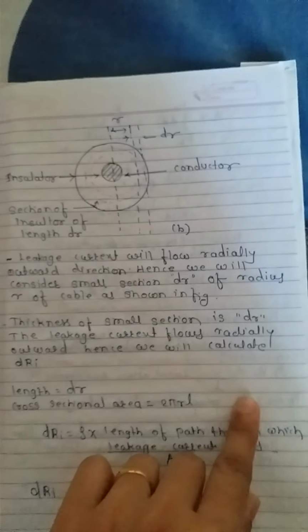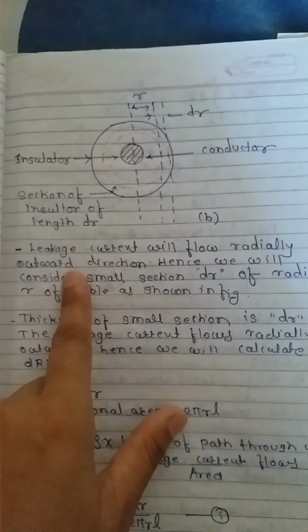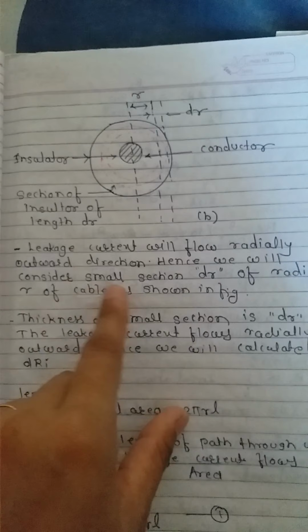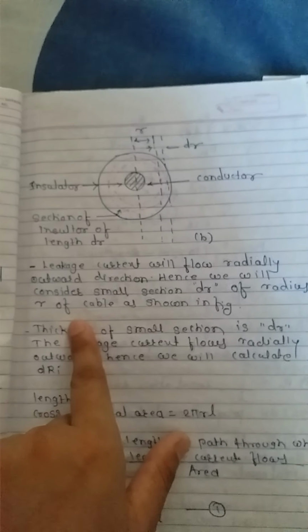Now first we write some explanation: leakage current will flow in the radially outward direction, hence we consider the small section dr of radius r of a cable as shown in the figure.